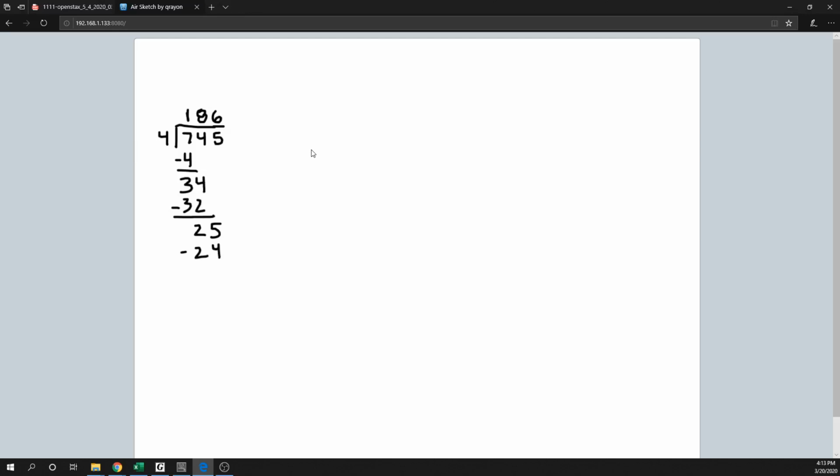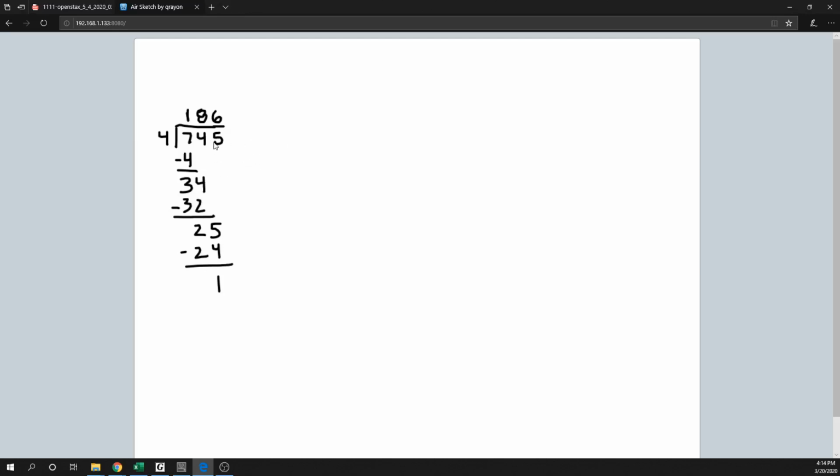Then subtract, and we have a remainder of 1. You probably know you could add a 0.0 and keep going, but that's not the kind of division that we're going to need to talk about.